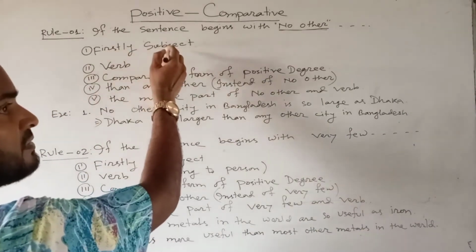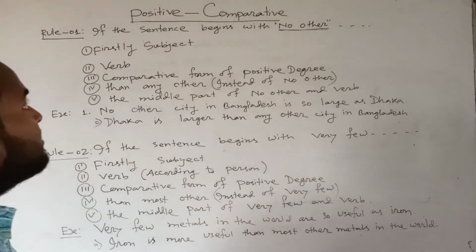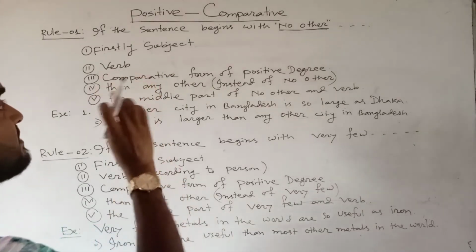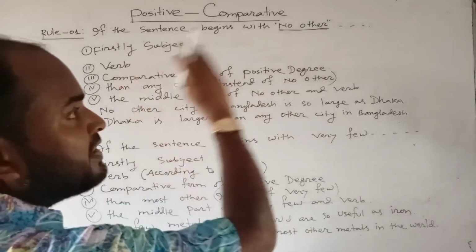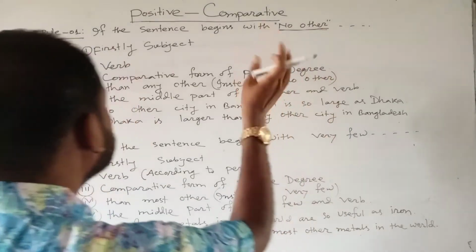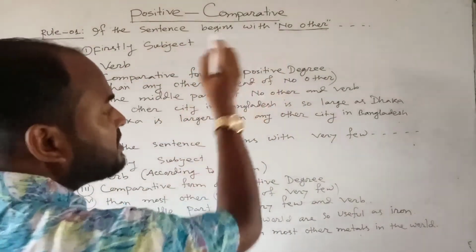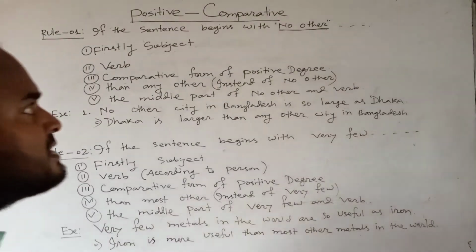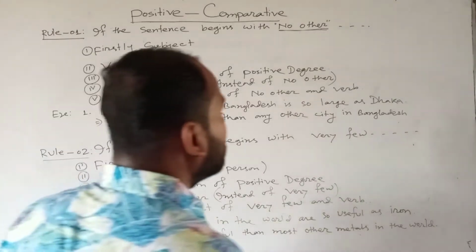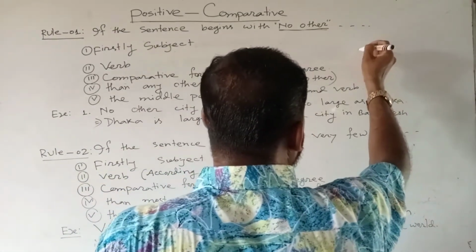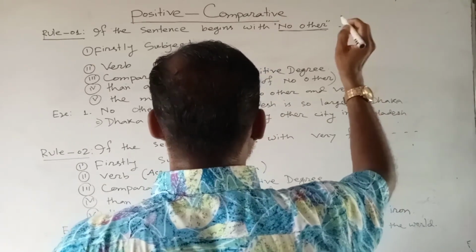Firstly, subject. Of course, my dear learners, especially in a positive sentence, you will find the subject at the end of the sentence. Firstly subject, then verb, then the comparative form of the positive degree.